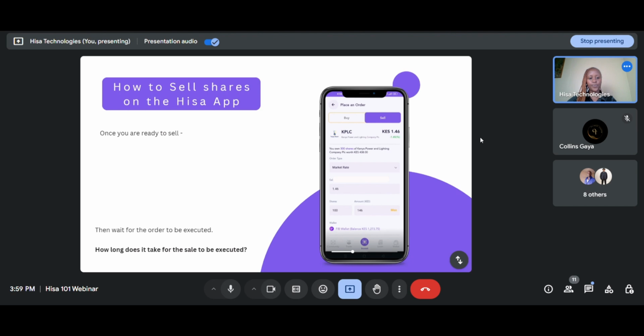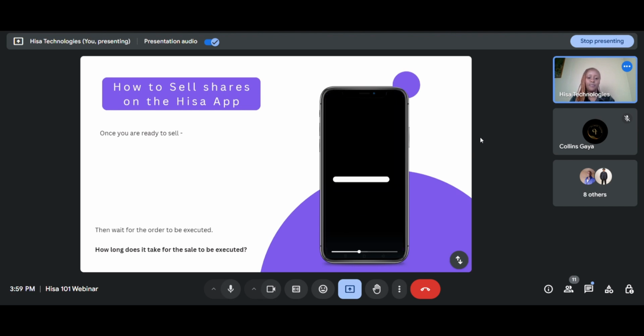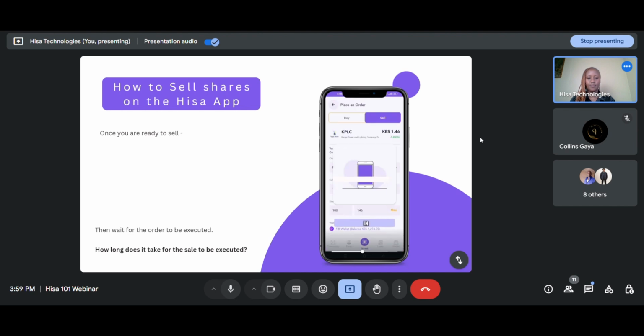Scroll down and tap sell. You'll need to key in your biometric or PIN, and that's how you sell stocks on the Hisa app.